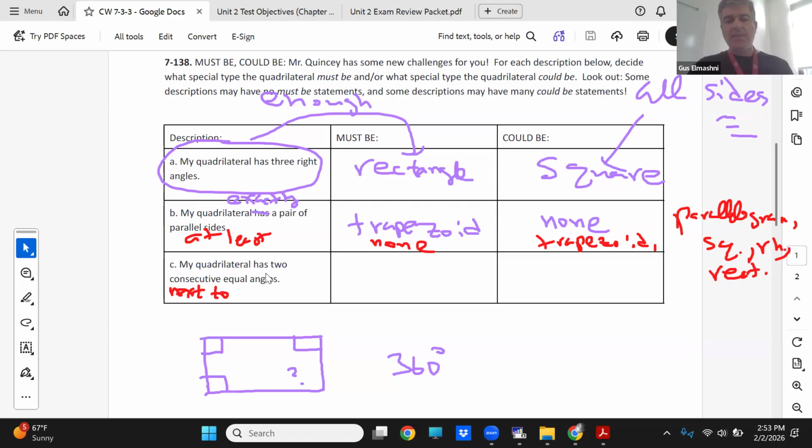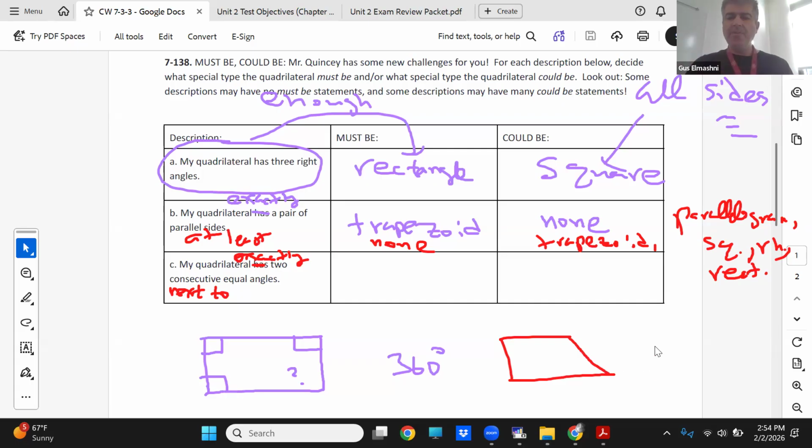So it has two consecutive equal angles. Again, I kind of struggle with this one because what if it was exactly two consecutive angles? I mean, we definitely have a trapezoid. You have two 90-degree angles.